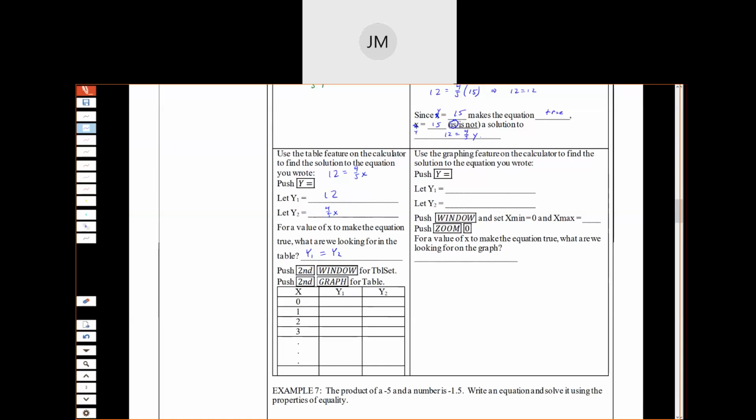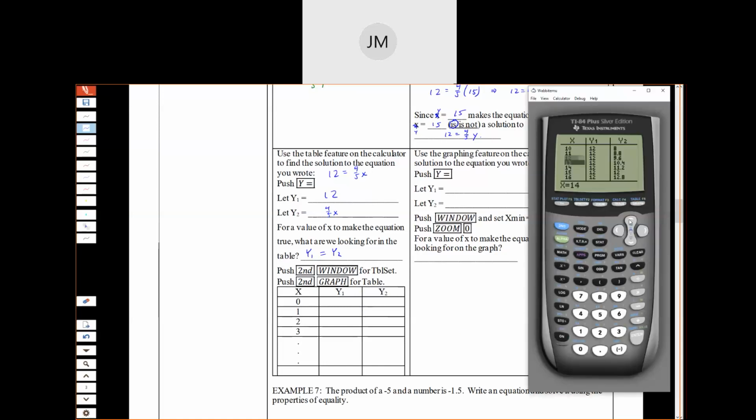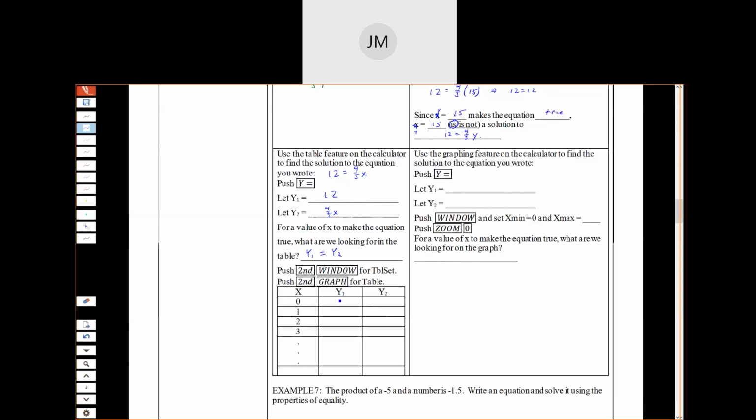And again, the first few rows here show 12, 0, 12.8, 12, 1.6. But when I go down to x equals 15, then they're both 12s, and I have a solution.